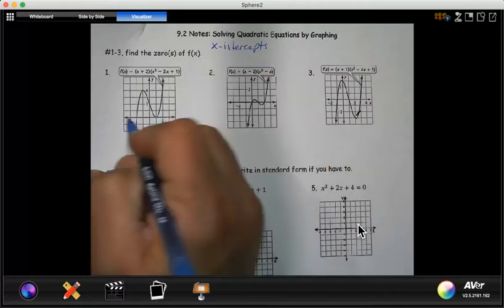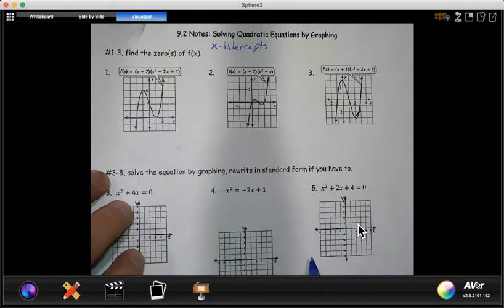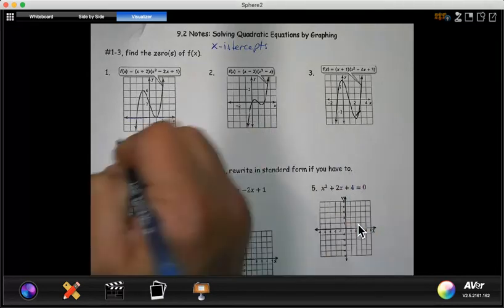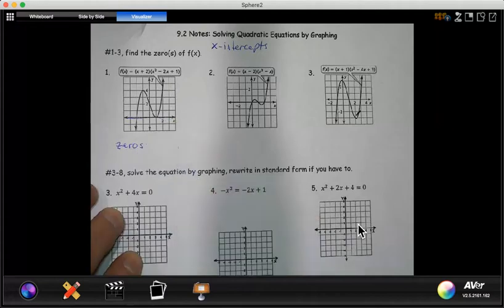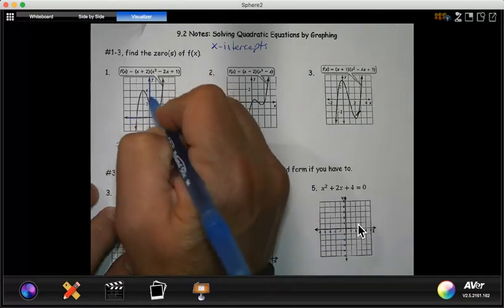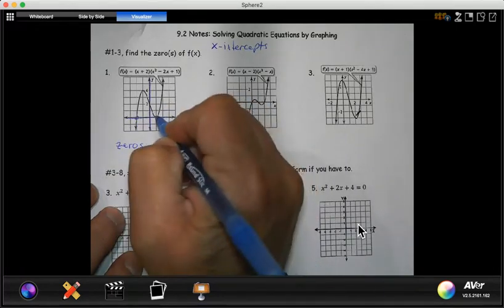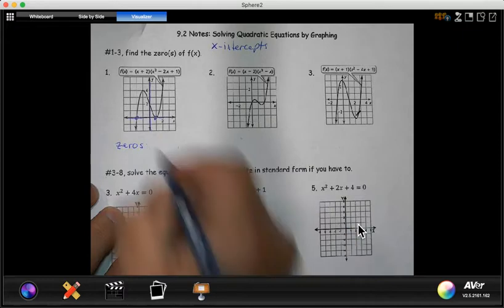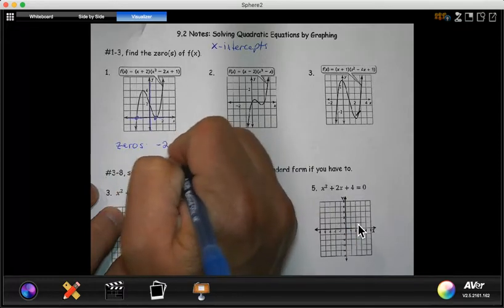Where it crosses the x-axis is considered a zero for the solution. So let's find the zeros. This graph, if this is the y-axis, then here's a zero, and there's a zero. So it looks like the zeros are -2 and 1.